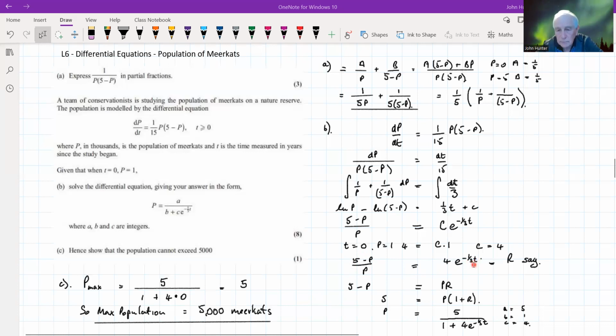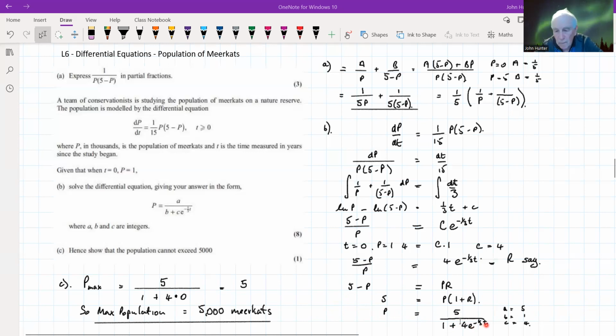Now that's okay, but we needed to be explicit in p. So just for convenience, I've called this right-hand side r. Then, using r, we make it explicit in p: we cross multiply and then simplify it. So we've got p = 5 over 1 + 4e^(-t/3).